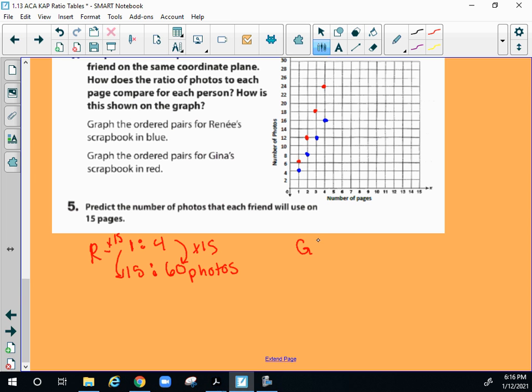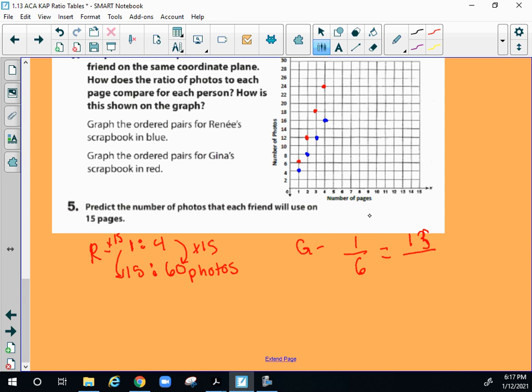And then for Gina, I'm going to set up her ratio different. I'm going to set this one up like a fraction just so you can see both ways. So for Gina, she has 1 page has 6 photos, and we want to know how many photos would be on 15 pages.